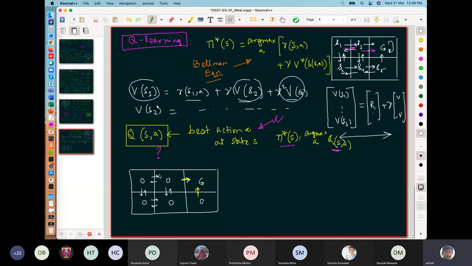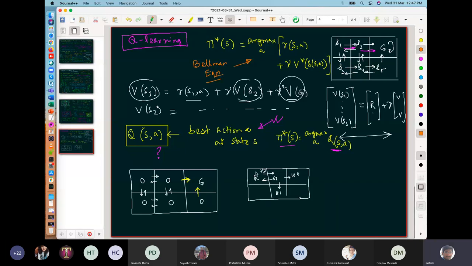Now suppose at any intermediate iteration, let me draw the intermediate iteration board in front of you. Suppose my robot is here, and let's say I computed this as 72, this as 63, this as 81, and this as 100.